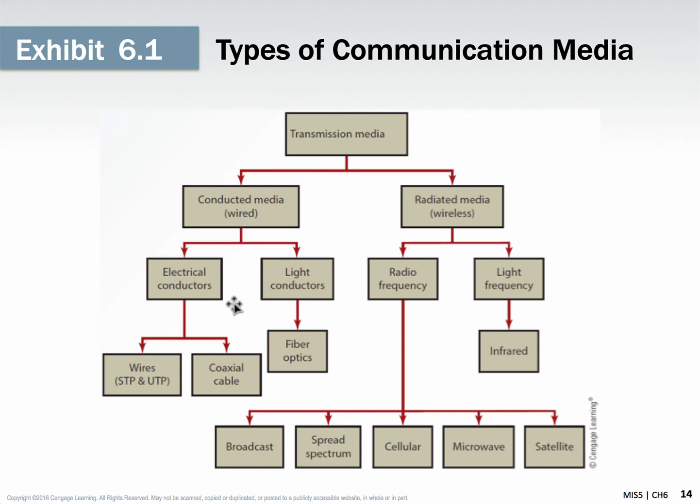Well, let me ask you the question. When we say light, are we talking about the same light that we would use in a light bulb? Well, actually we are. This light uses fiber optics, so instead of sending pulses of electricity, now we can just turn a light on and off.